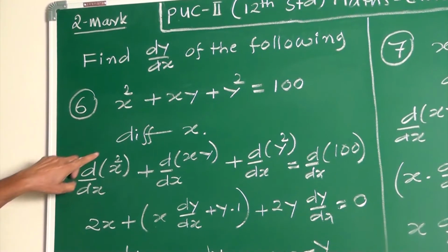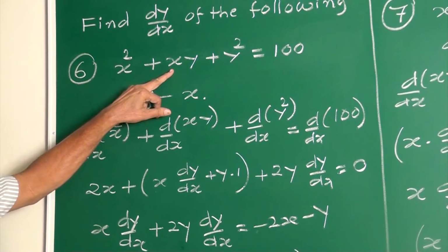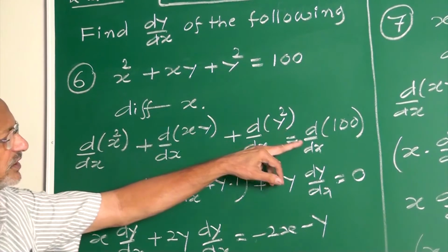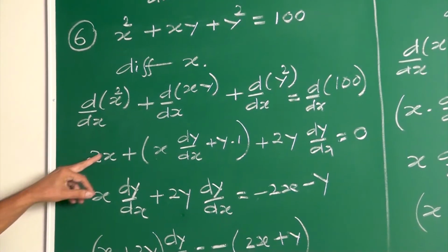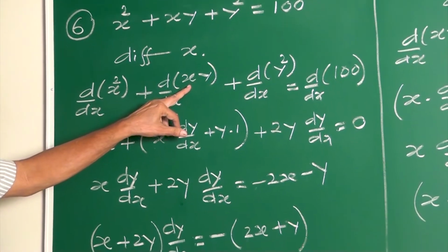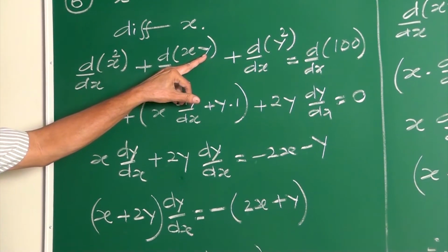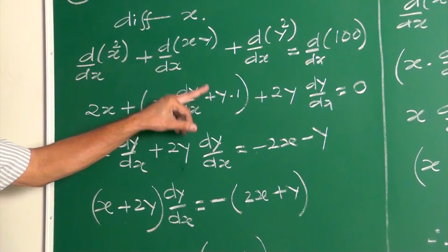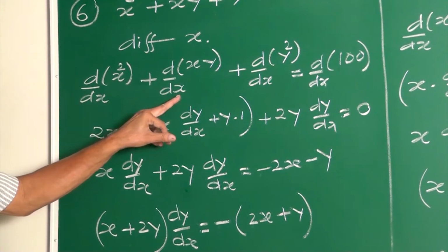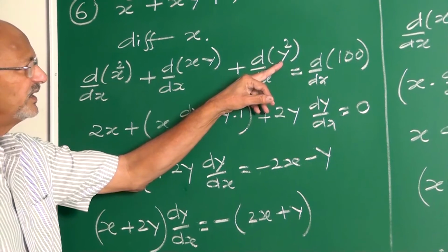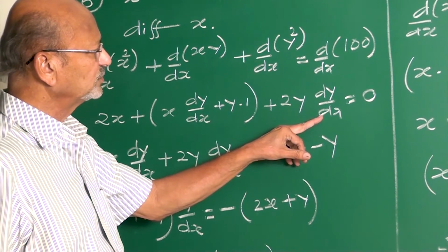If you want to explain once again, this is the given example. Differentiate with respect to x. Derivative of first plus derivative of second plus derivative of third equal to derivative of RHS. First is x square, with respect to x is 2x. Then xy, product formula uv: first into derivative of second, y dy by dx, plus y into derivative of first x, derivative of x with respect to x is 1. Y square is implicit: first with respect to y, then y with respect to x.